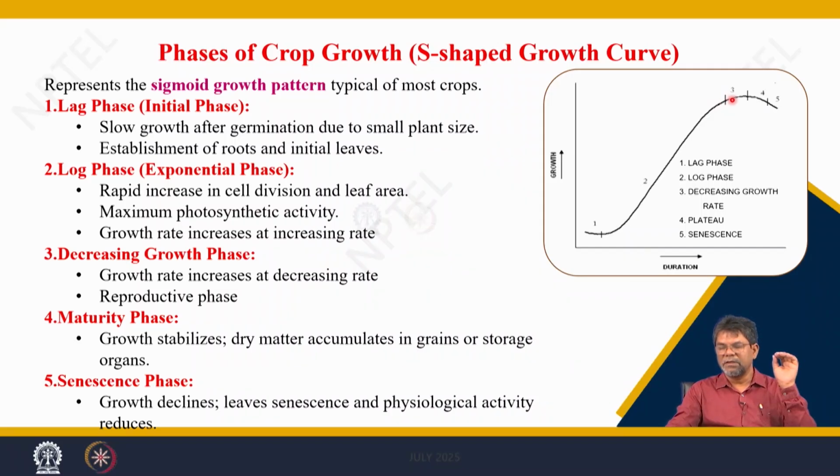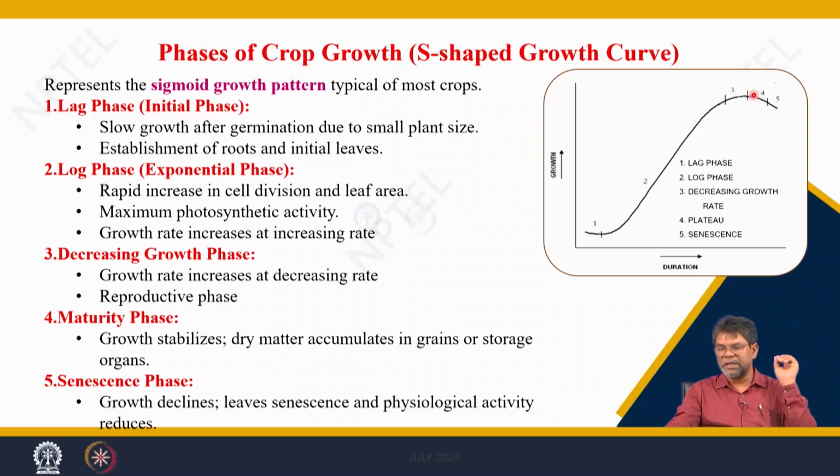In this phase, the next day it will become 25 grams per meter square, then 22 grams per meter square, then 18 grams per meter square. That means there is growth, but at a decreasing rate. This is the phase where the reproductive stage starts to appear, which we will discuss for the particular crop, the rice crop.